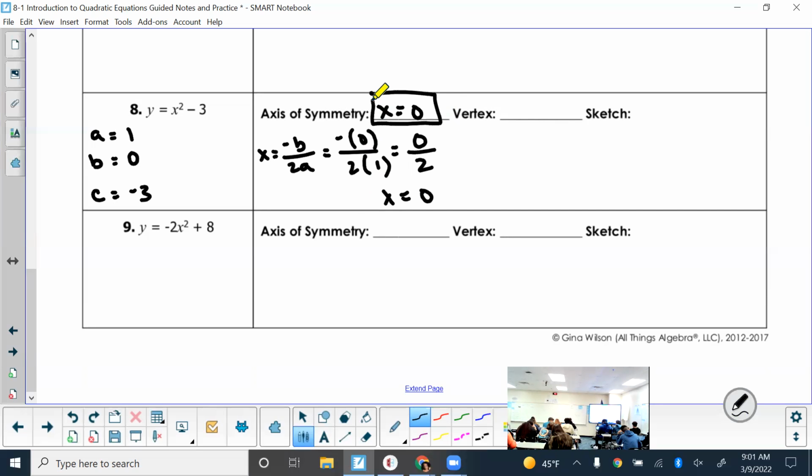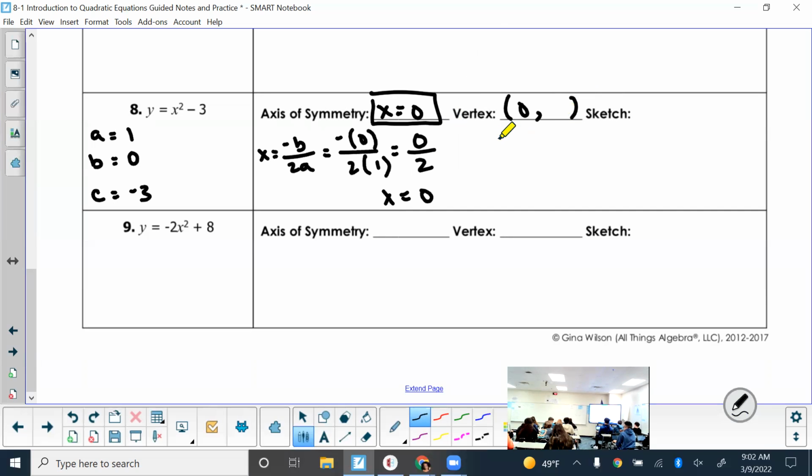The axis of symmetry is x equals 0. Now the vertex. How do I find my vertex? Plug in x, which is 0 after we solve for it. We can put the 0 in the x spot since we already know what that is. We just need to solve for y. All right.